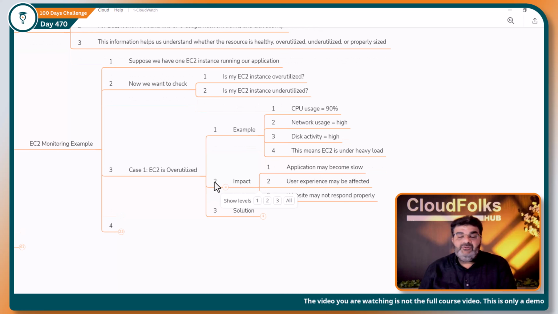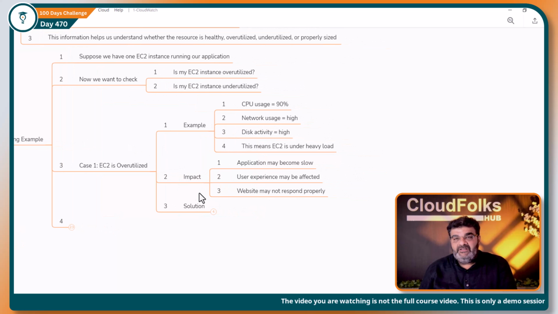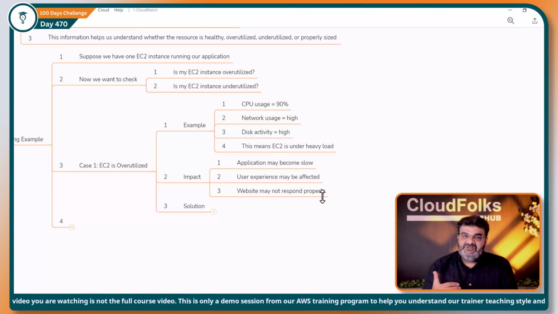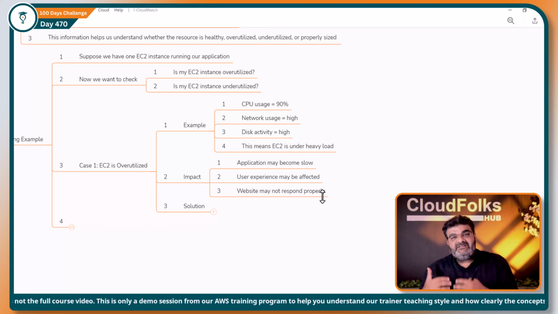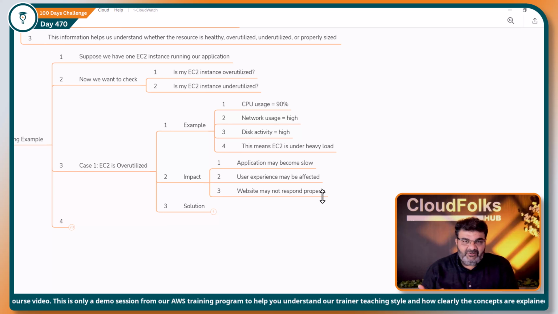Now, if your EC2 instance is overutilized, the impacts are that the application may become slow, user experience may be affected, and the website may not respond properly. A customer is coming to your website, using your application, but your server is not properly set up, it is overutilized, and the customer experience is not good, right?